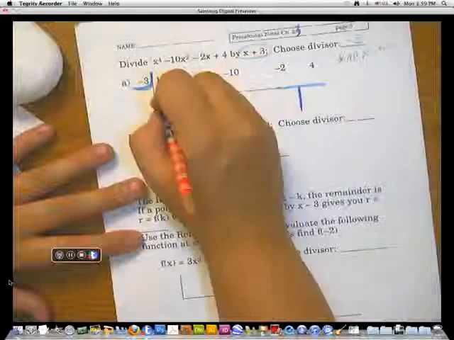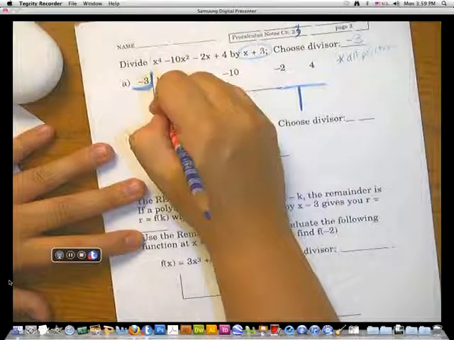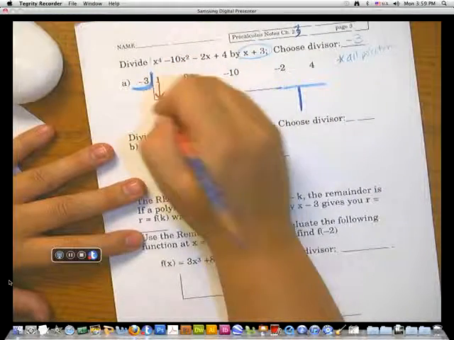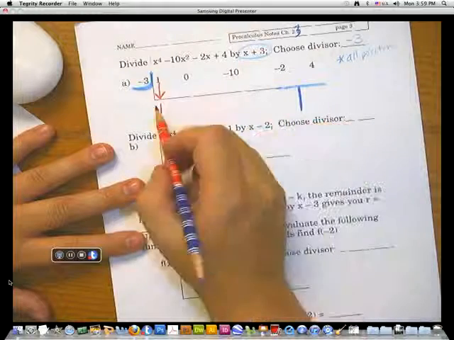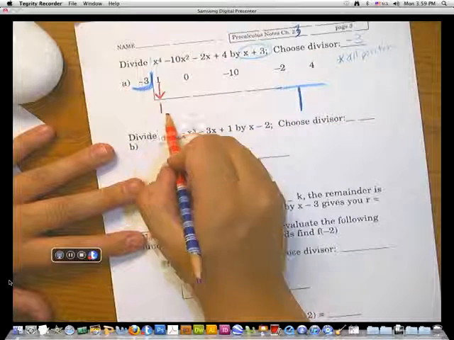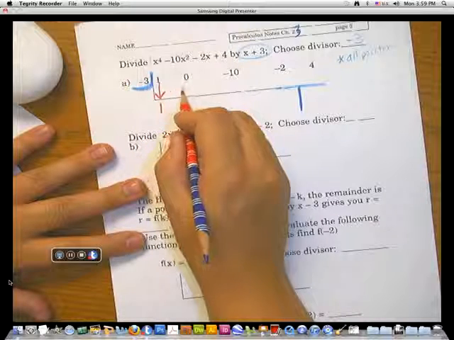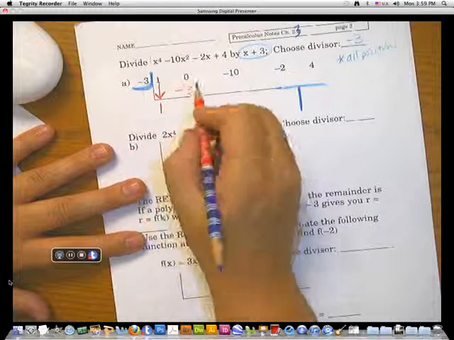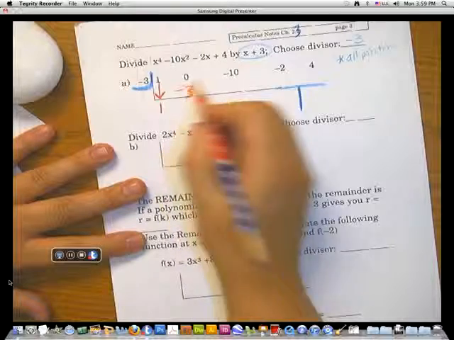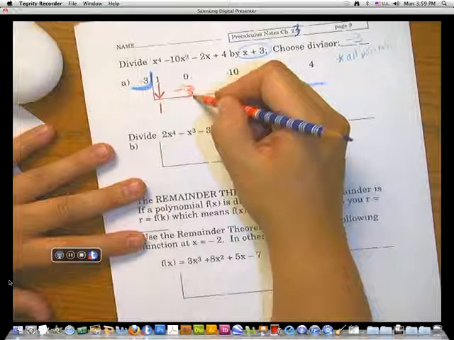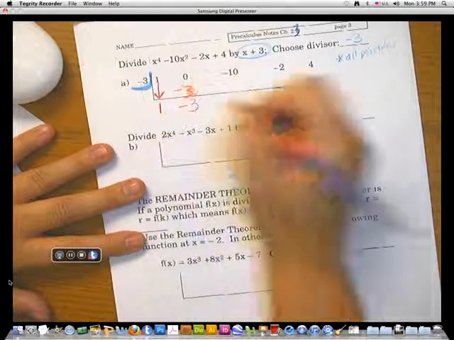Alright, so the way it works, the first one comes down. Then we're going to multiply around. -3 times 1, -3. Add down. 0, -3 is -3.